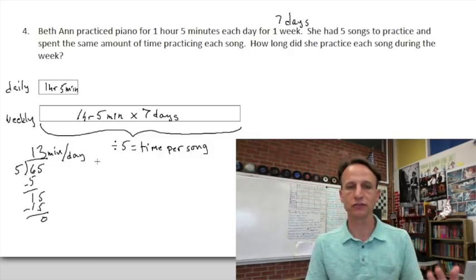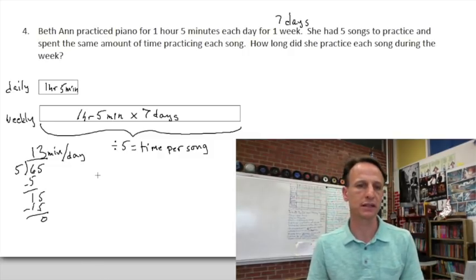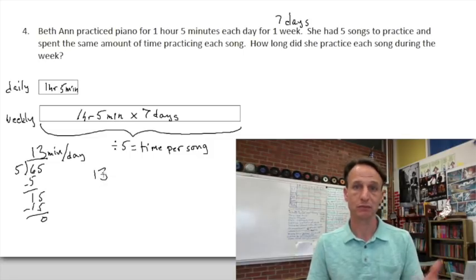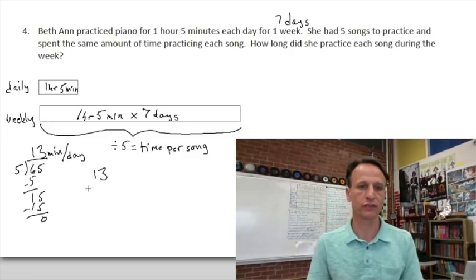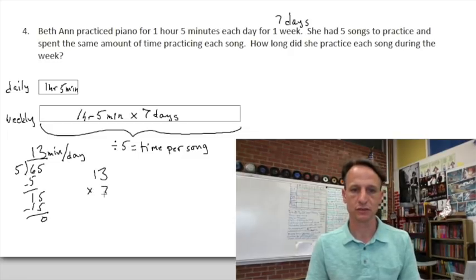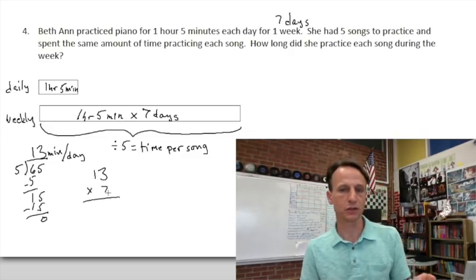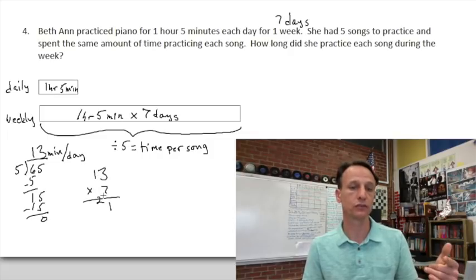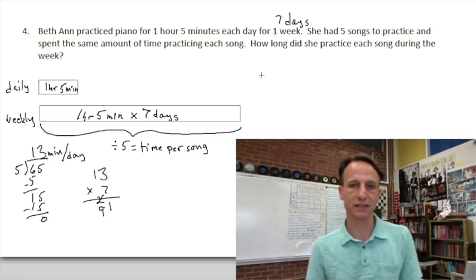So now we want to figure that out for the week, and that's why I did it this way, because we can just take that 13 minutes a day and say, okay, across 7 days. All right, we can do this. 7 times 3 is 21. 7 times 1 is 7, plus 2 is 9. So there we go. That's it.